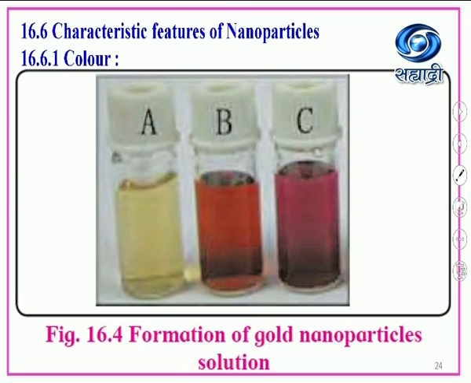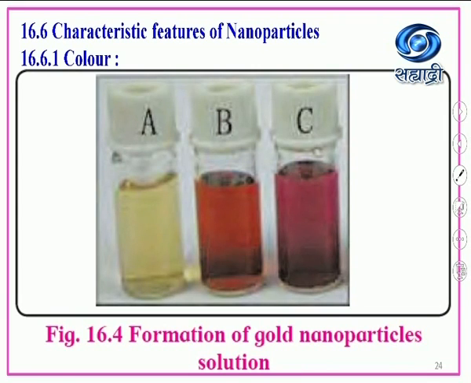Elemental gold, as we know, has a nice shining yellow color. However, if you had only 100 gold atoms arranged in a cube, its color would be much more red. Now we'll see figure 16.4, the formation of gold nanoparticle solutions having different colors. See figure A. You will observe the yellow color of gold.